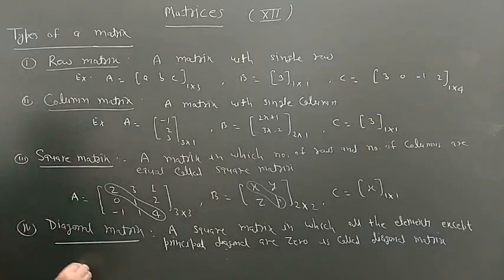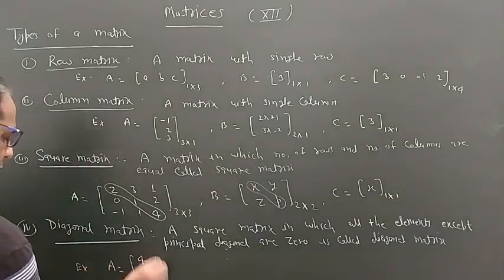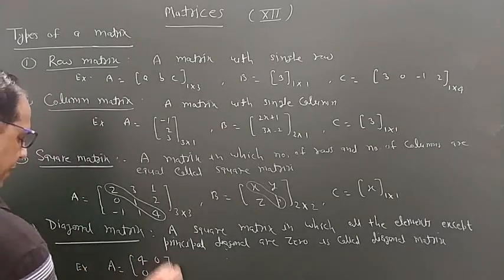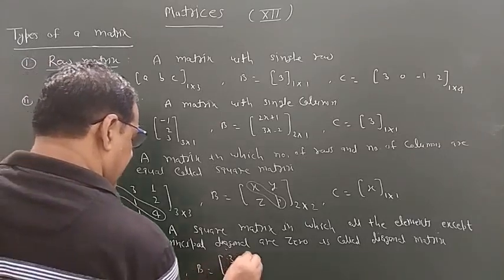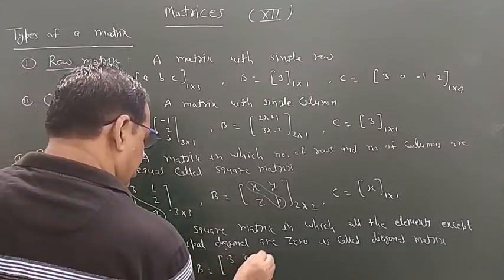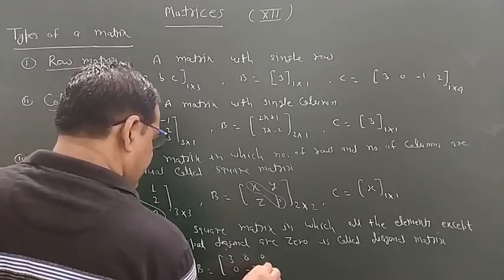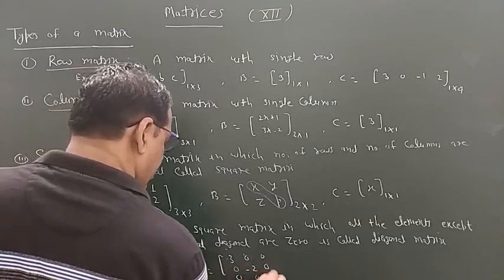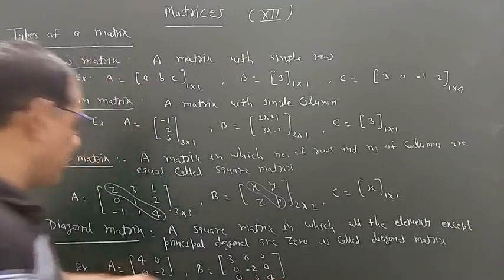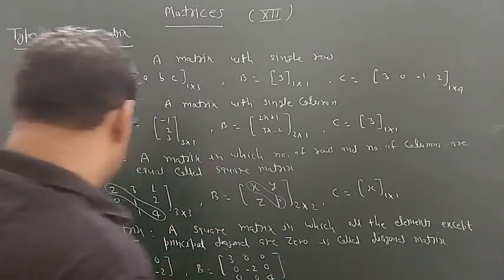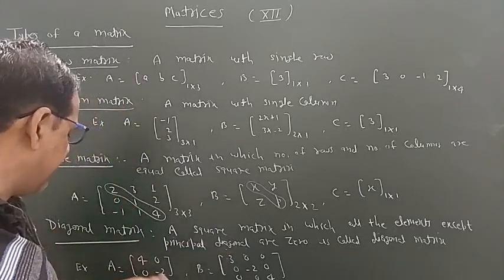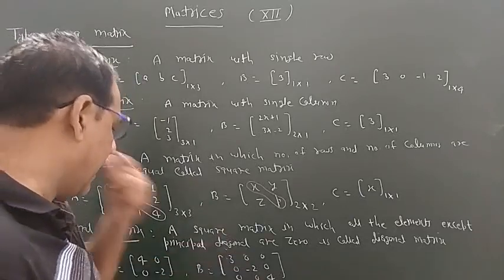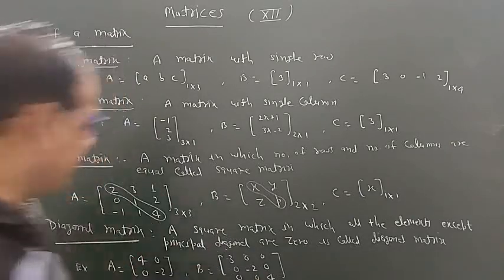For example, A equal to 4, 0, 0, minus 2. Another example, 3, 0, 0, 0, minus 2, 0, 0, 0, 4. So these are some examples of the diagonal matrix. A diagonal matrix is the square matrix in which all the elements except the principal diagonal are 0.